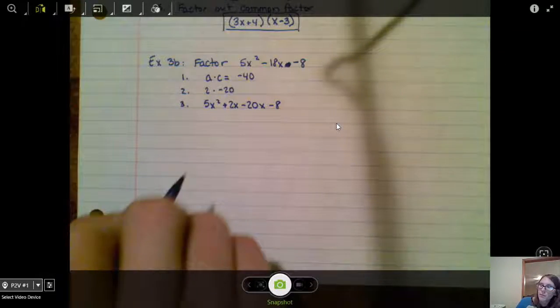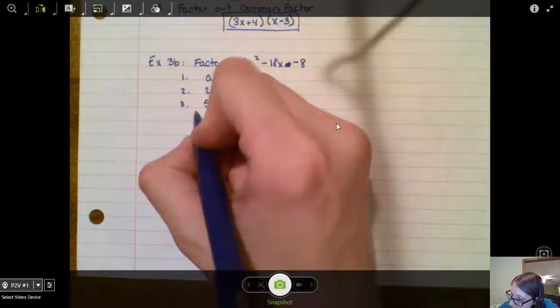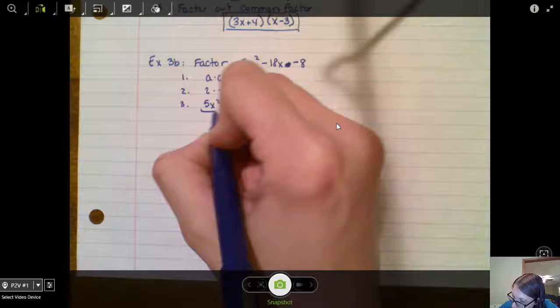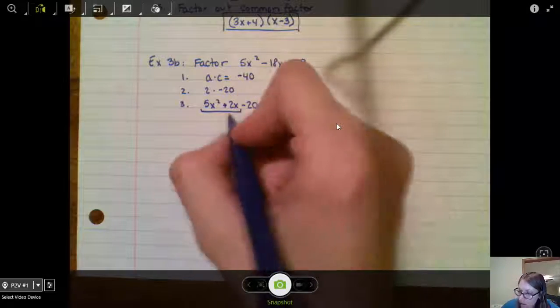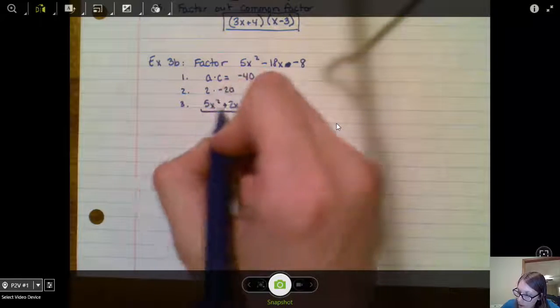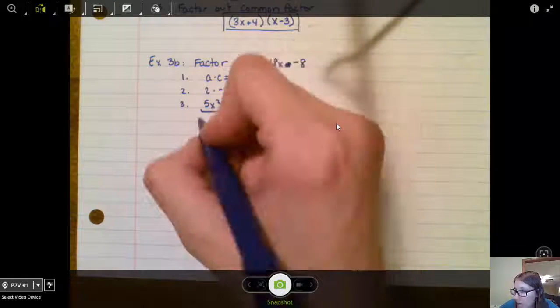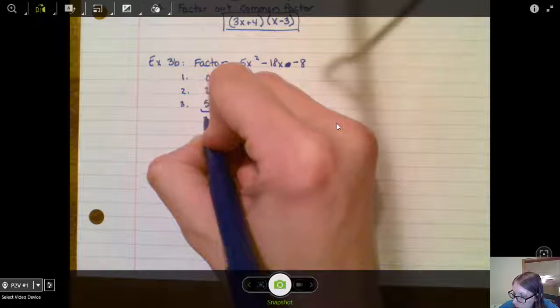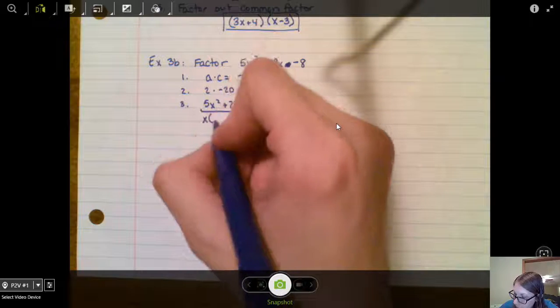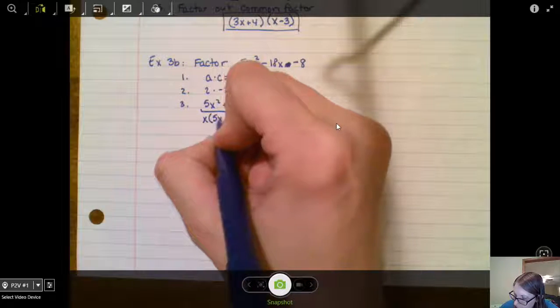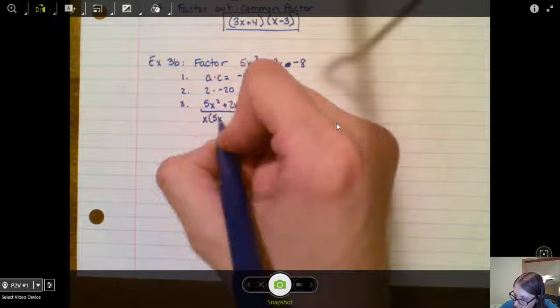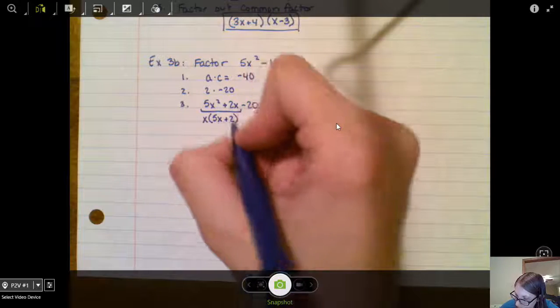Now just kind of blending in some of the rest of our steps here. After we rewrite, factor out our greatest common factor from each pair. 5x squared plus 2x, number-wise, they only have a 1 in common, but we could factor out an x. X times 5x is 5x squared, and then x times 2 gives me 2x.